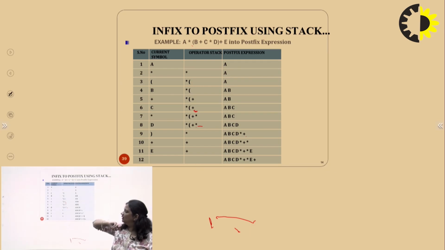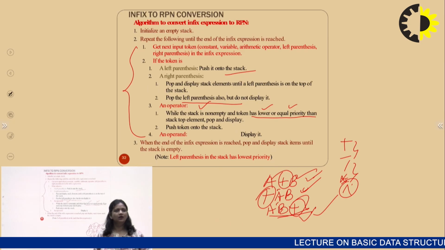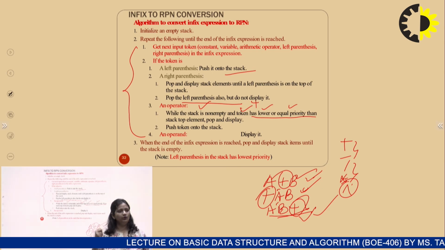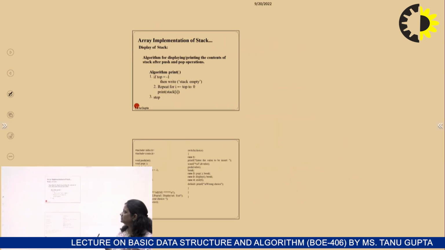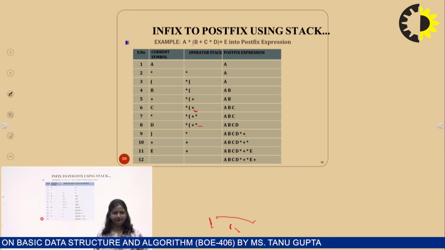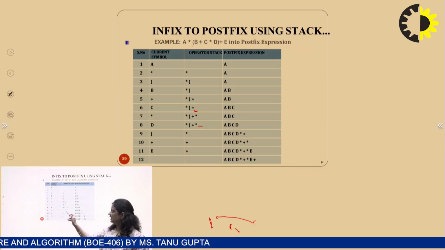Now plus. The token plus has a lower or equal priority, because addition has a lower priority than the stack top element, which is multiplication. Then what will we do?